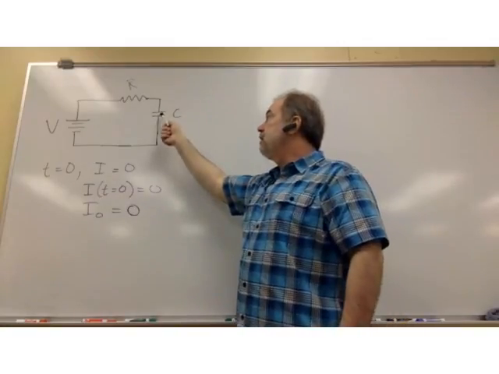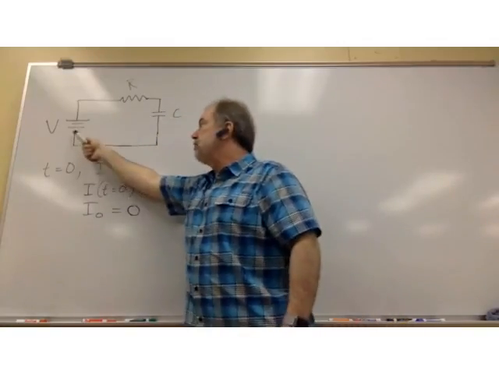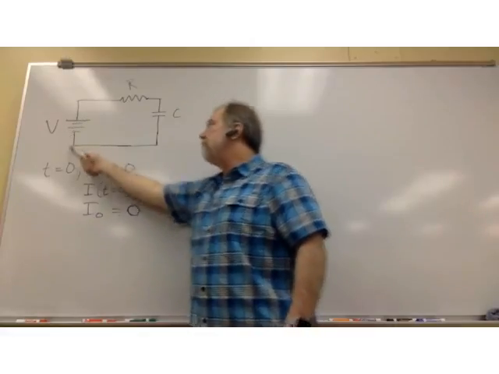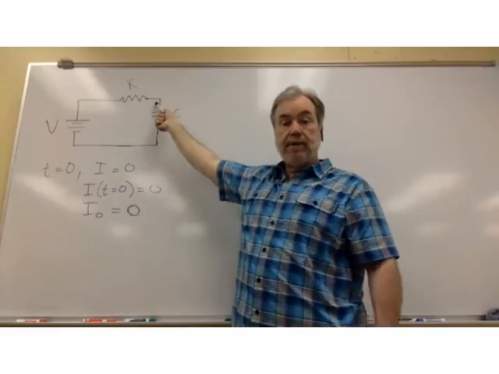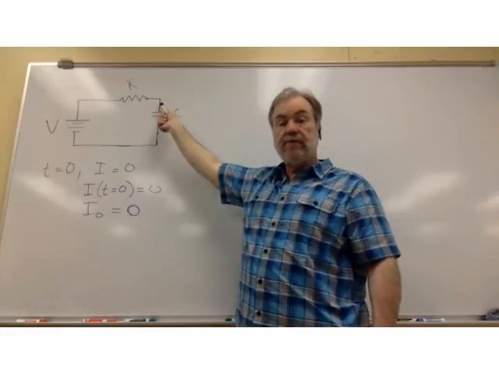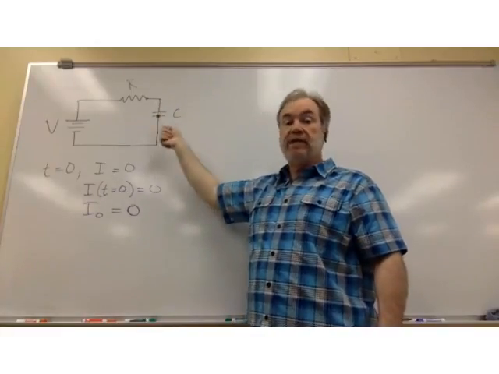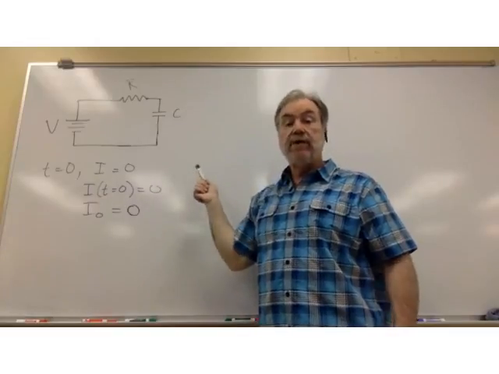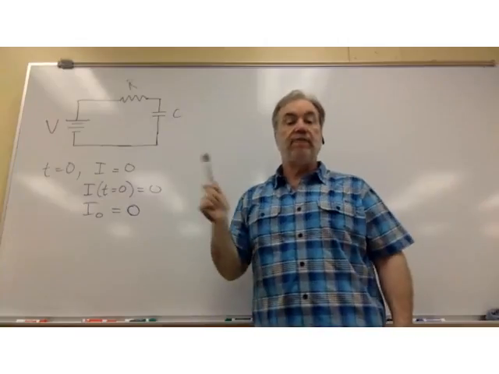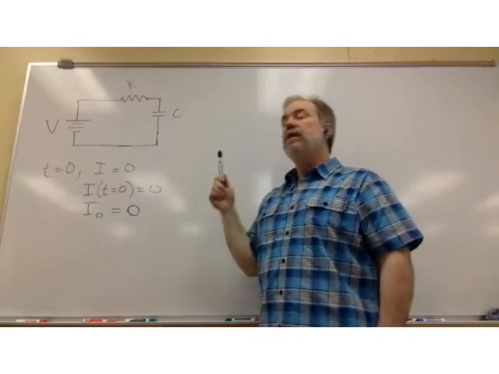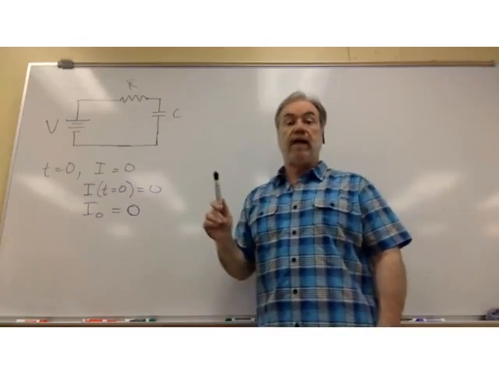The bottom plate, on the other hand, gains negative charges from the bottom of the battery, so the bottom plate becomes overall negatively charged. The top becomes positive because it loses negative. The bottom becomes negative because it gains negative charges from the battery. And the result is the top plate is positive, the bottom plate is negative. They have equal and opposite charges, and that's the end of it. That's what happens in physical reality.